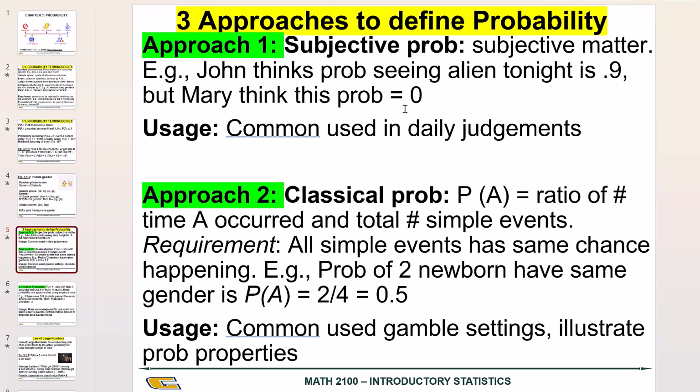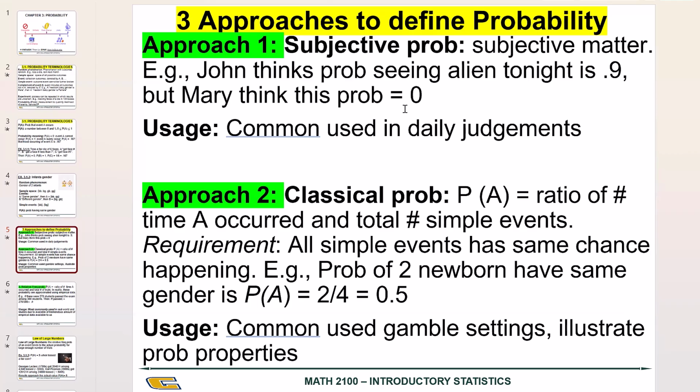The approach number two is what we call the classical approach, classical probability. So we define the probability of event A as just a ratio of the number of times A occurs divided by the total number of simple events, or the size of the sample space.